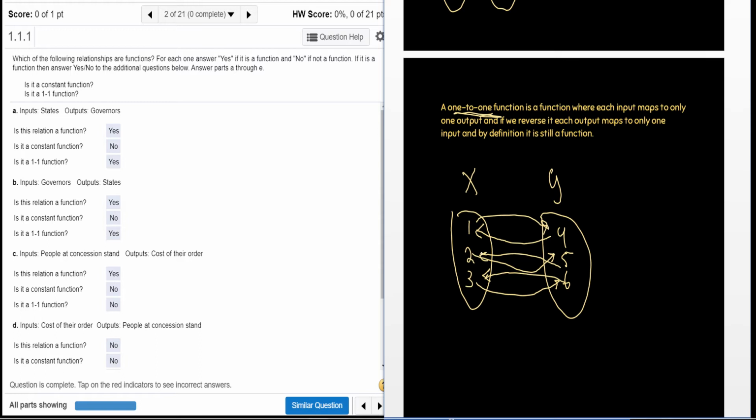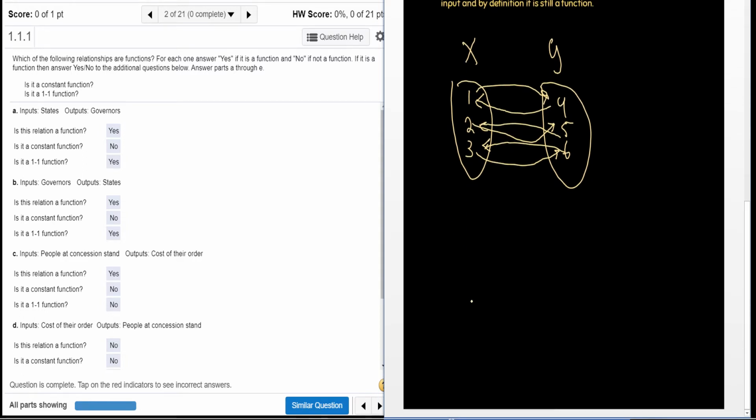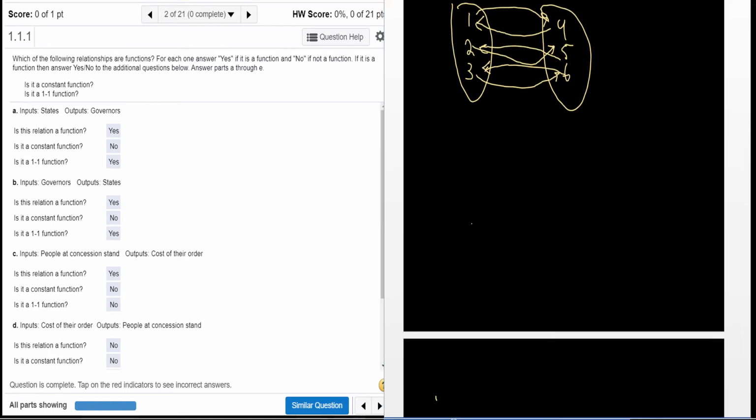Okay. So the strategy here is to use these definitions and see if these relationships hold, according to the definition, to find what kind it is. So when we look at number one, A, each state's governor. Let's look at A. Each state to governor. Is that a function?